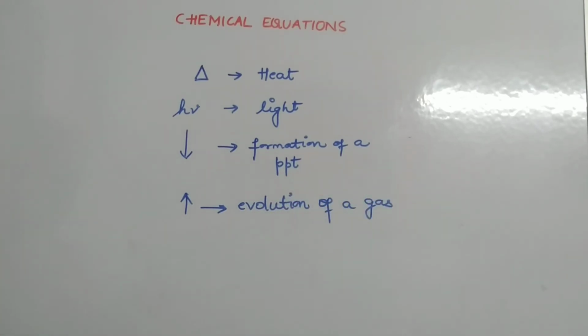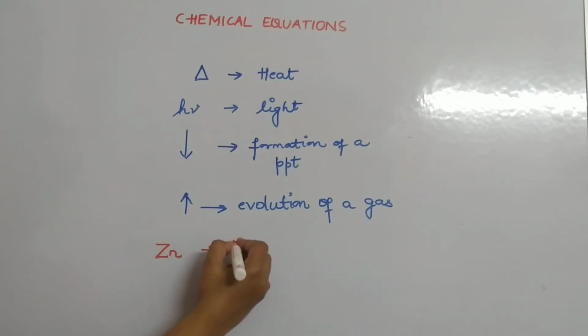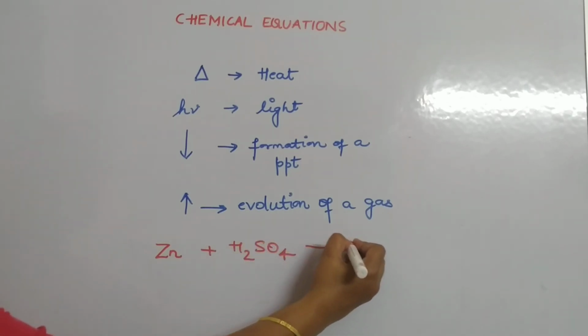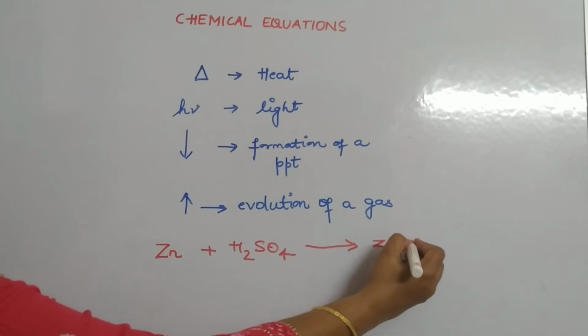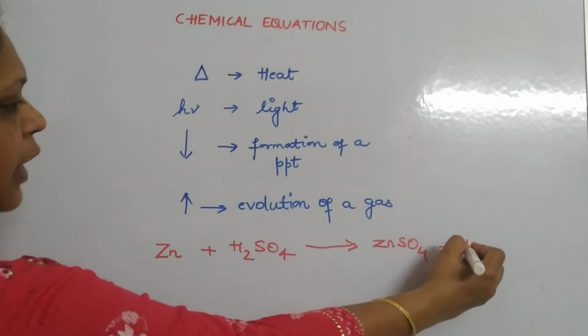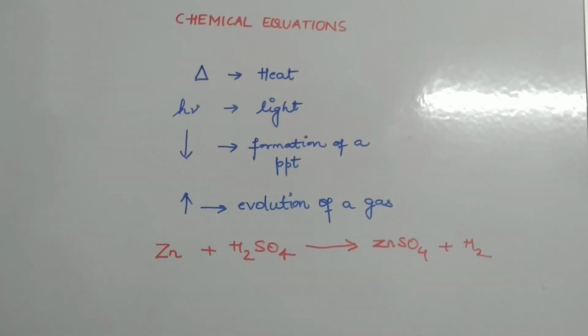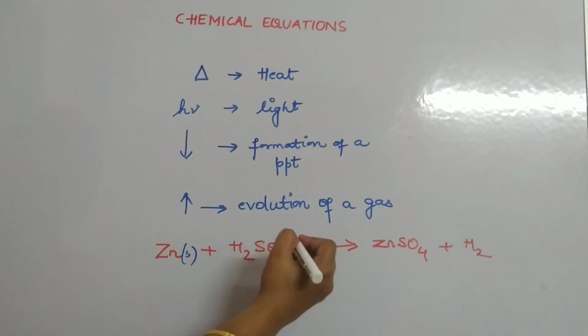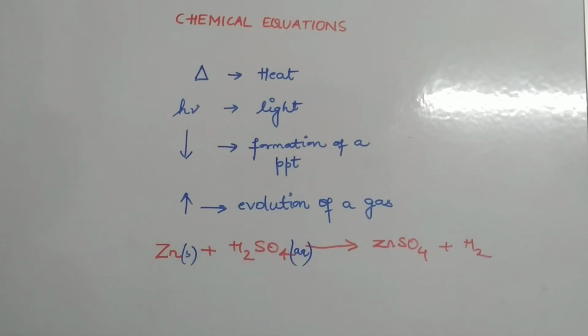Let me give you one example of evolution of a gas. For example, zinc reacts with sulfuric acid. It gives zinc sulfate and hydrogen. Now children, you know these are the reactants, these are the products. So let us write down. Zinc will be in solid form because we have taken granules. Sulfuric acid will obviously be in solution form, so we will write aqueous because water is the solvent.